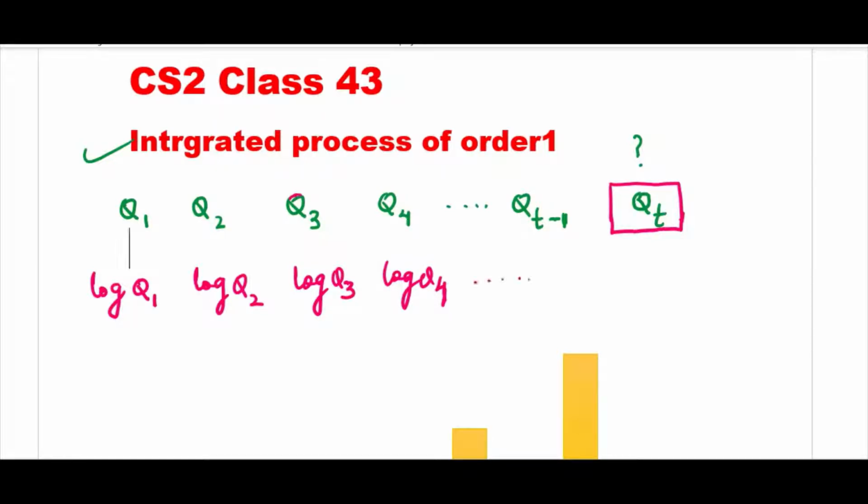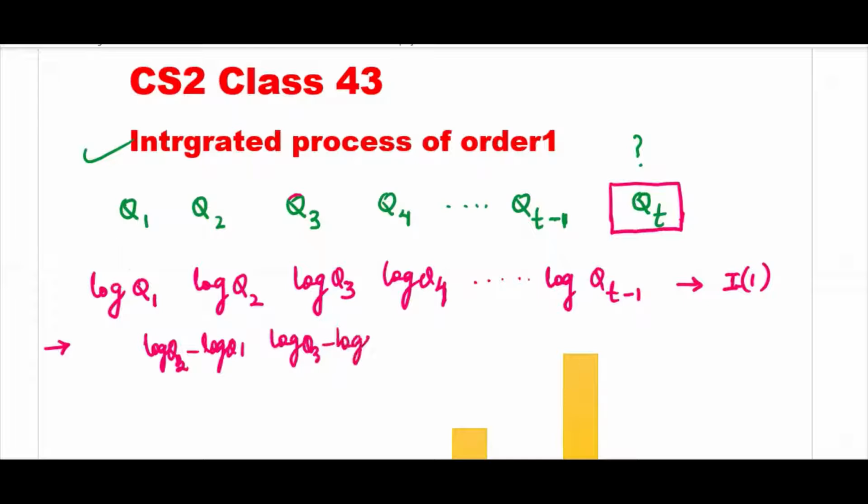So normally if you take log, this is stabilized. Then again it's observed that this is an I1 process. So you can apply differencing once. If you difference, you get the first value log Q2 minus log Q1, and here log Q3 minus log Q2.